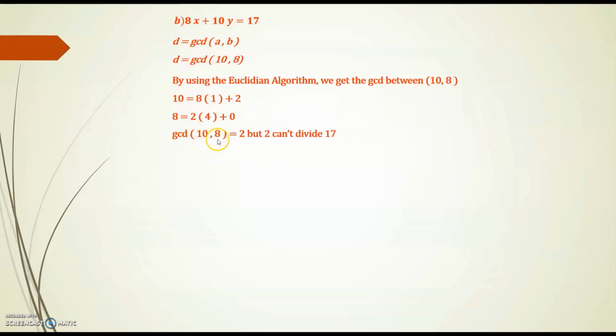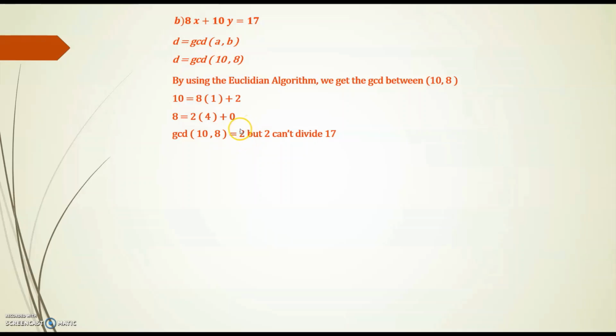Now we're going to use the Euclidean algorithm to find the GCD between 10 and a. By doing that, we get that 10 is equal to a times 1 plus 2. Then a is equal to 2 times 4 plus 0, and we can conclude that the GCD between 10 and a is equal to 2.